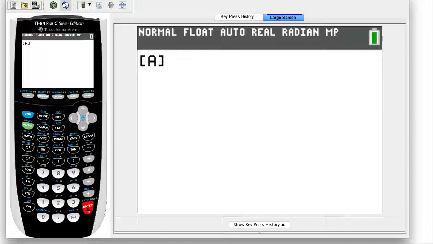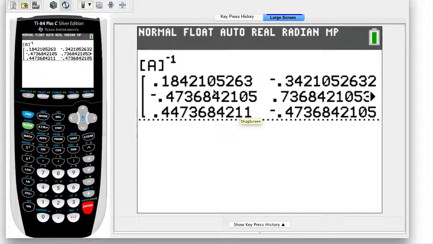So before, when we found inverses of linear equations and inverse functions, we denoted the inverse function of y as y to the negative first. So if I have this matrix A, I just give it a negative 1 superscript. That says, hey, this is the inverse. And once I hit enter, I get this.